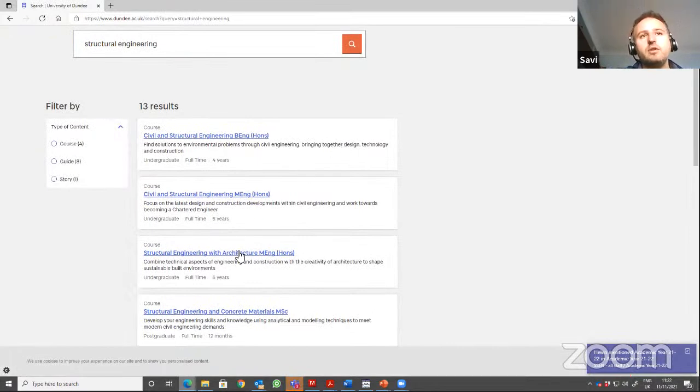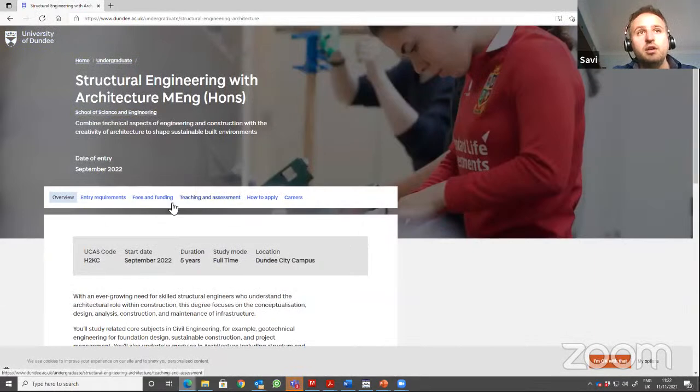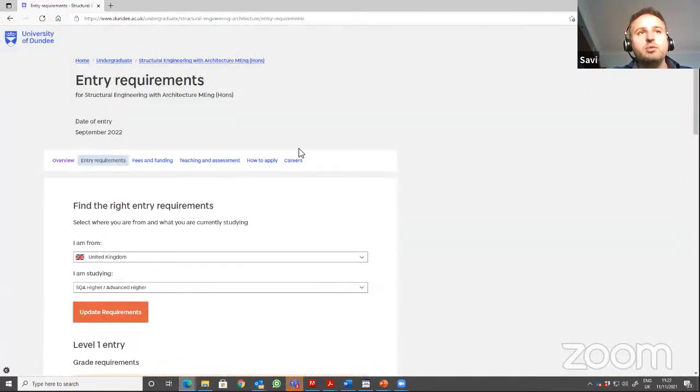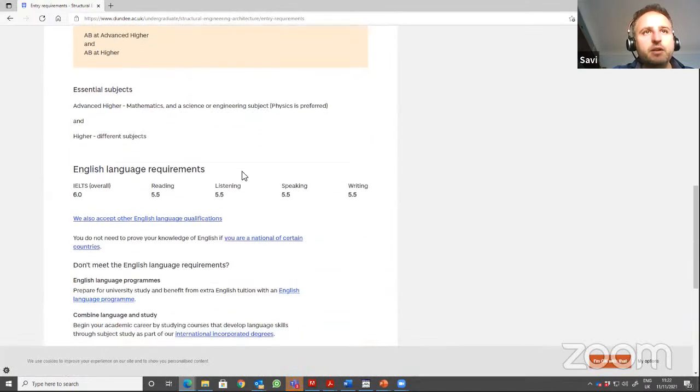When you go here, you go into the entry requirements, and there should be somewhere the English requirement.